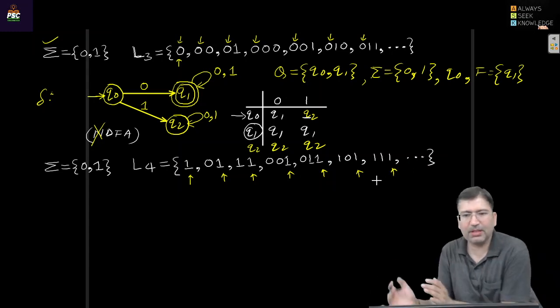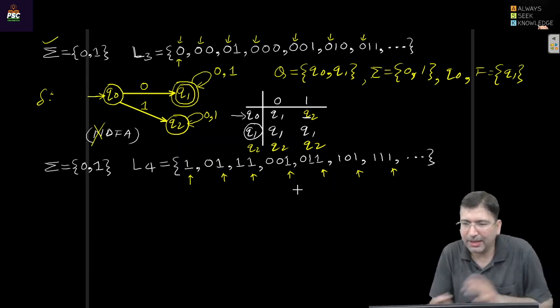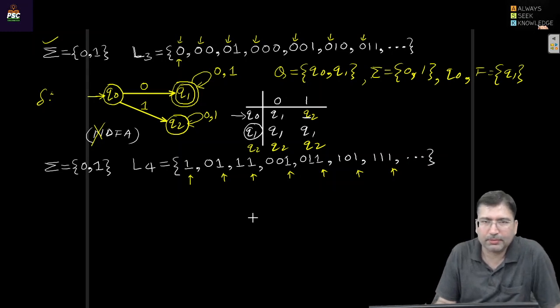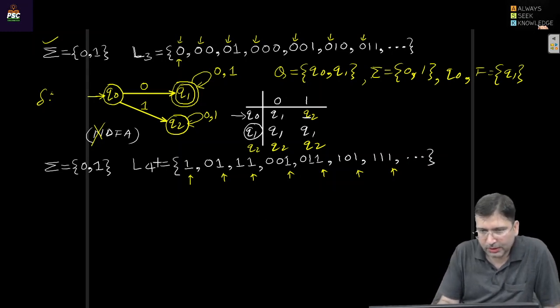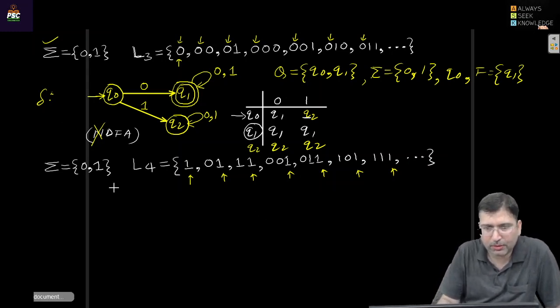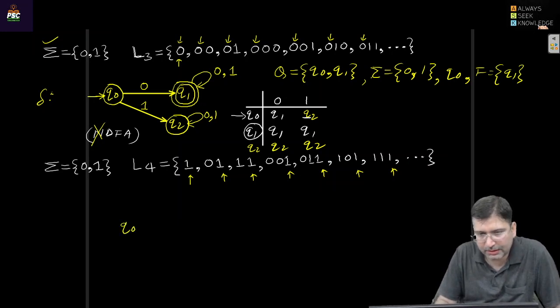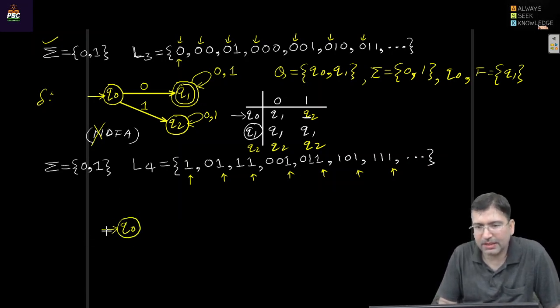So the end symbol is fixed as 1. In the beginning, any combination of 0 and 1 can occur. If this is the situation, let's draw an automata. You take an initial state, let's say q0. This is the initial one. I am not making this initial state final because in this language there is no epsilon, right?